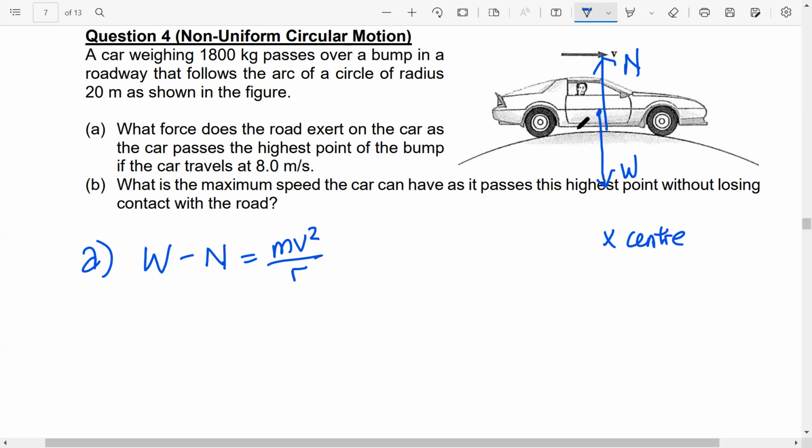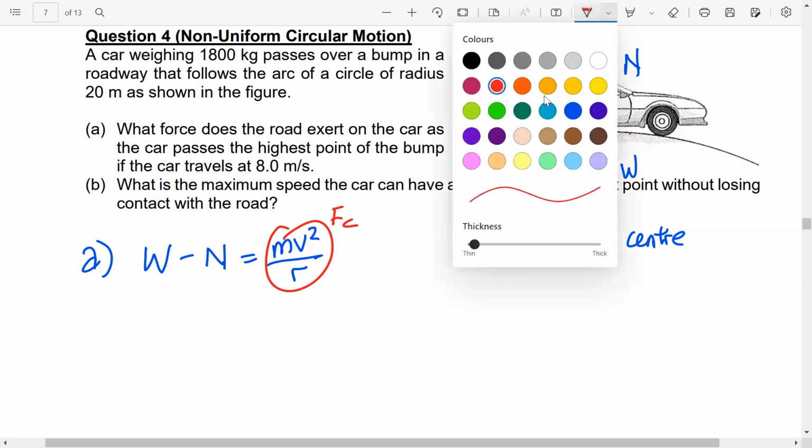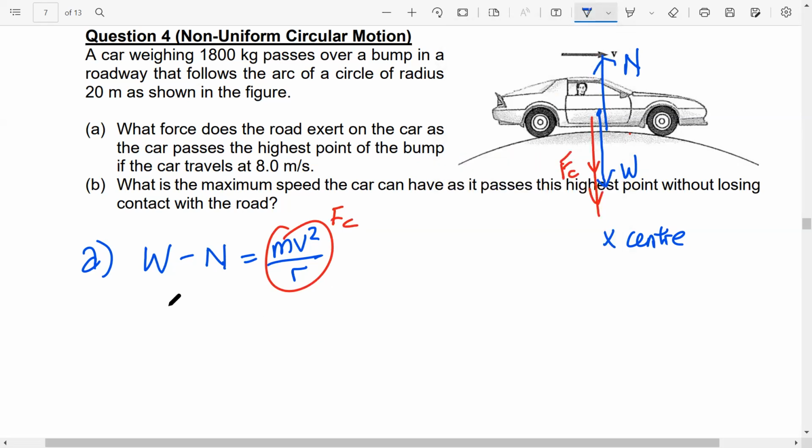No need to bother about each wheel, that's too complicated. So you take a simple one, just the normal contact force. And because the resultant force is going to be downwards, because the center of this hump is below, the center will be downwards. This is the direction of the centripetal force. So your weight minus N equals the centripetal force, which is mv squared over r. So mg minus N equals mv squared over r. You get N equals mg minus mv squared over r.